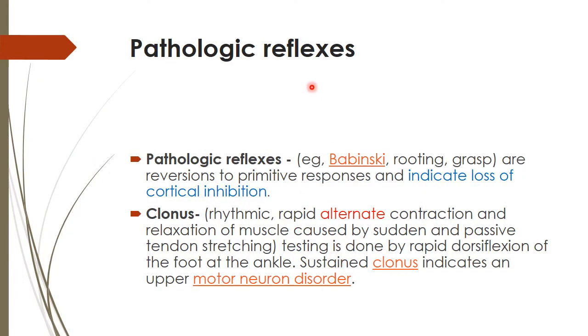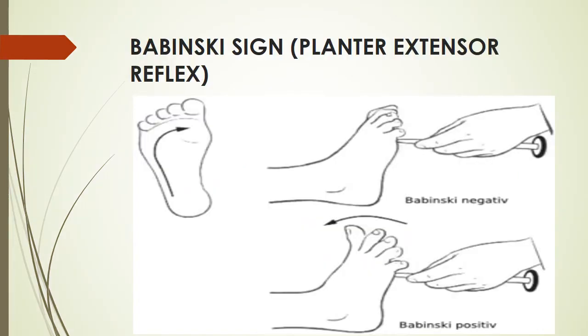Now the pathological reflexes. Under this come the Babinski sign and clonus. Whenever there is clonus, it is a motor neuron disorder or sclerosis. Babinski sign indicates loss of cortical inhibition. We will go into detail about the pathology.